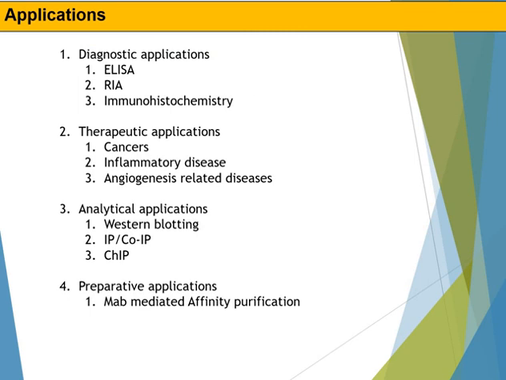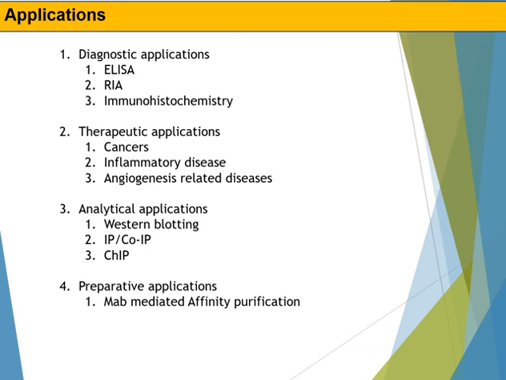Diagnostic application. Nowadays, you must be hearing about different ELISA methods or even other methods used for diagnosis of COVID-19. ELISA is used for many diseases. It's a very simple technique. Enzyme linked immunosorbent assay you must be knowing about. Then radioimmunoassay. This is a very sensitive assay, but it uses radioactivity for detection. Then immunohistochemistry.